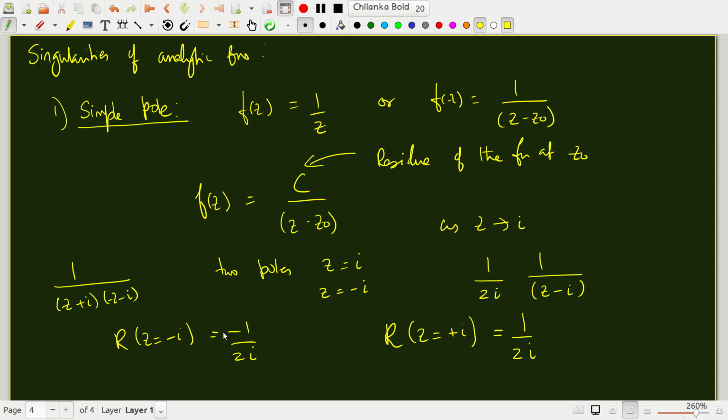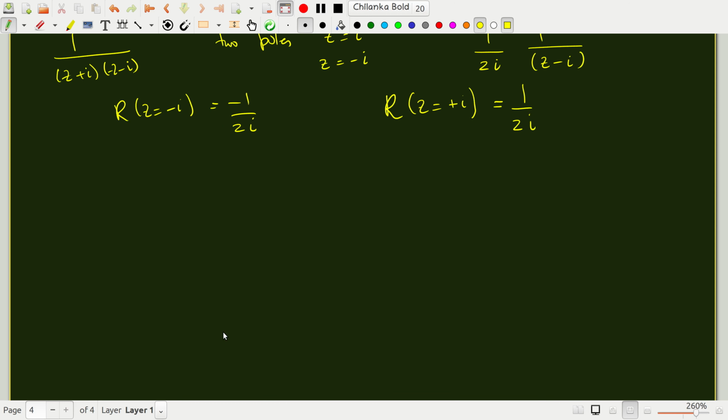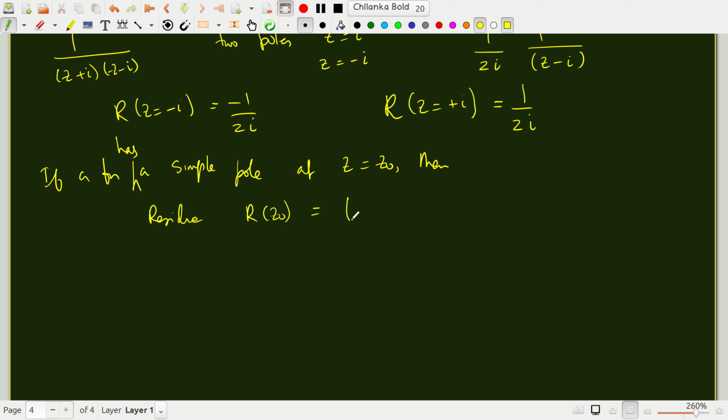So poles and residues also are very, very important. In general, if a function has a simple pole at z is equal to z naught, then the residue r at z naught is given by the limit as z goes to z naught of z minus z naught times f of z.